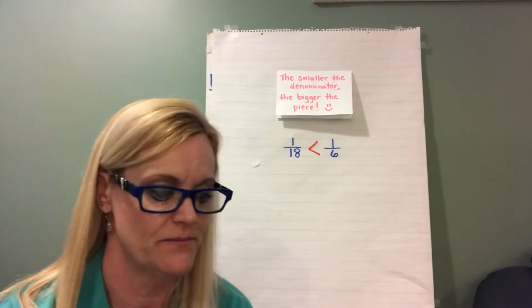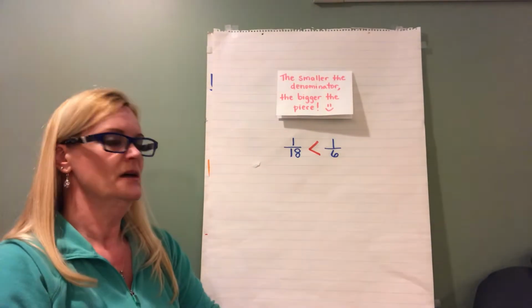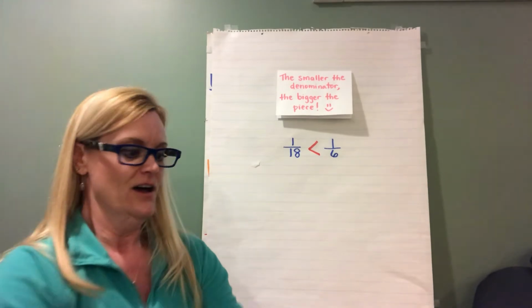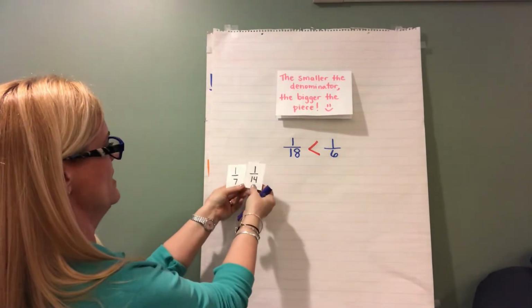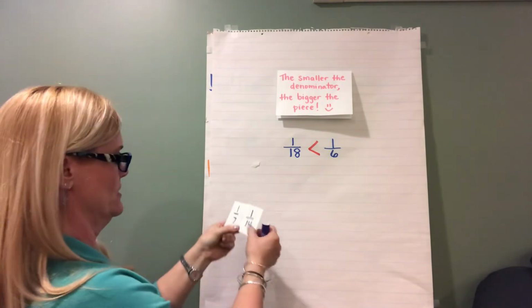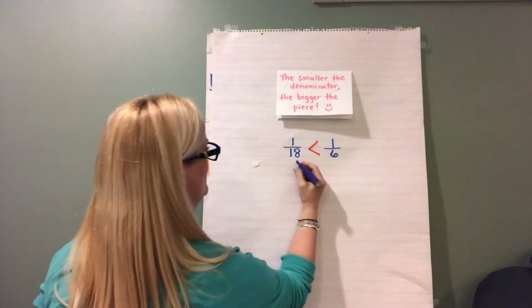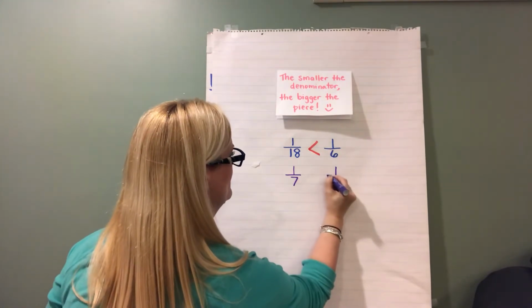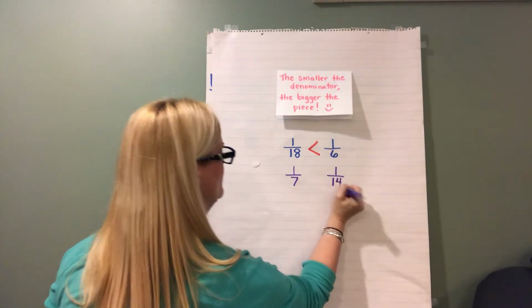So let's try another one, just for fun. Let's see what I pick. Okay, I have 1/7 and 1/14. So let me write those down. I grabbed a purple marker this time. 1/7 and 1/14.